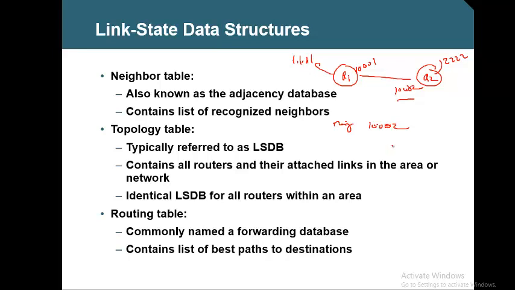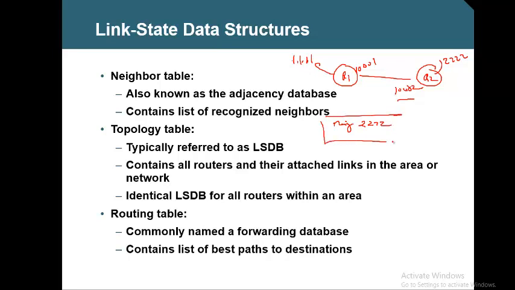BGP will show this address and it will say that the neighbor's router ID is 2.2.2.2. Whereas OSPF will show 2.2.2.2 as a neighbor.